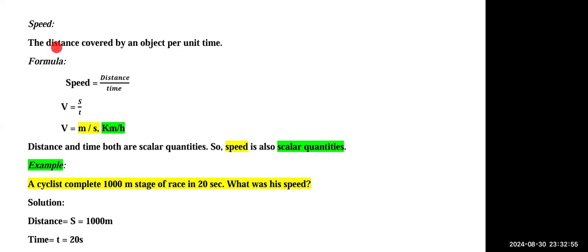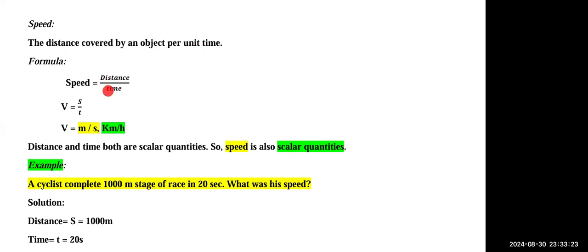Speed: when anybody is moving on the road, we always ask at what speed this vehicle, this motorbike, this aeroplane is moving. To find out the speed of any moving object, you have to focus on two parameters: the distance covered by an object per unit time.